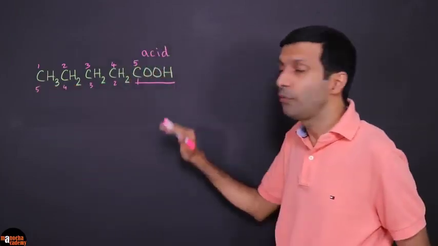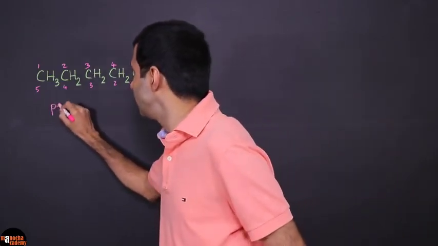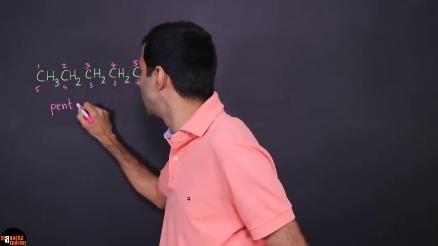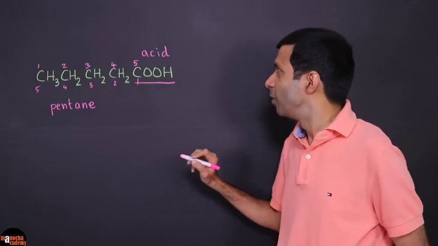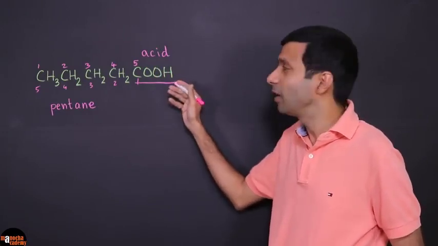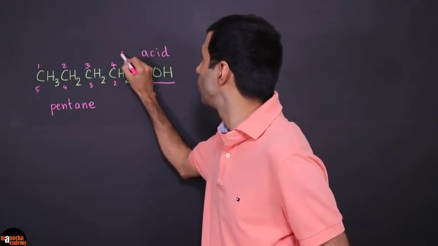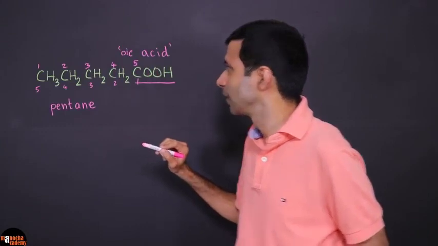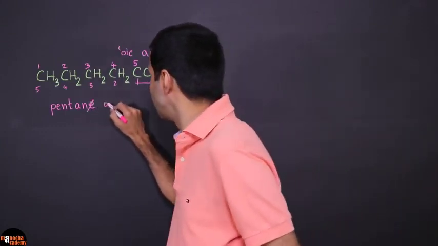Okay. So if we ignore the functional group, the name would have been pent, because 5 carbons and all have single bonds between the carbons. So it would have been pentane, right? But this functional group's name will come in the suffix. And for acid, the suffix is going to be oic acid. That gets added, so we are going to delete the E and add oic acid here.